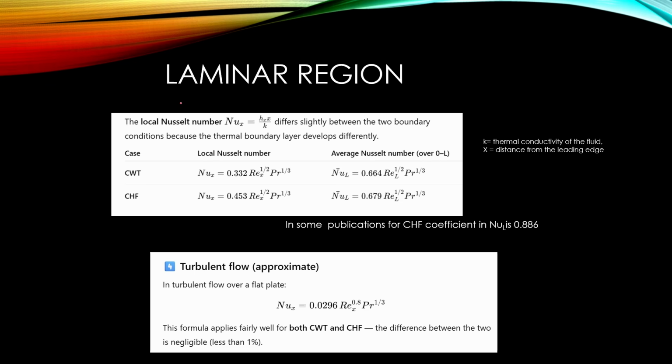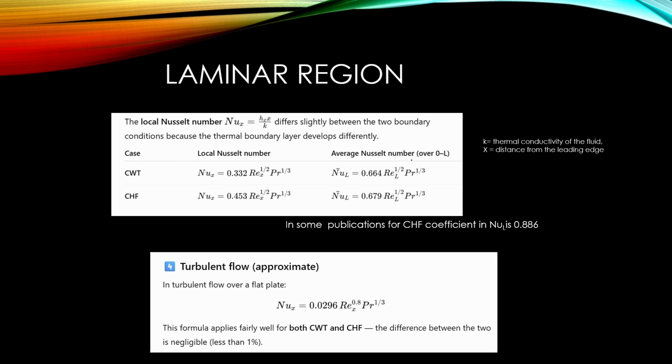Typically when we are talking about heat transfer calculation from a flat plate, we use the so-called Nusselt number. It is the heat transfer coefficient times the distance from the leading edge divided by the fluid thermal conductivity. Here we can see the local Nusselt number for the constant wall temperature case and for the constant heat flux case, and there is a difference in this constant value.